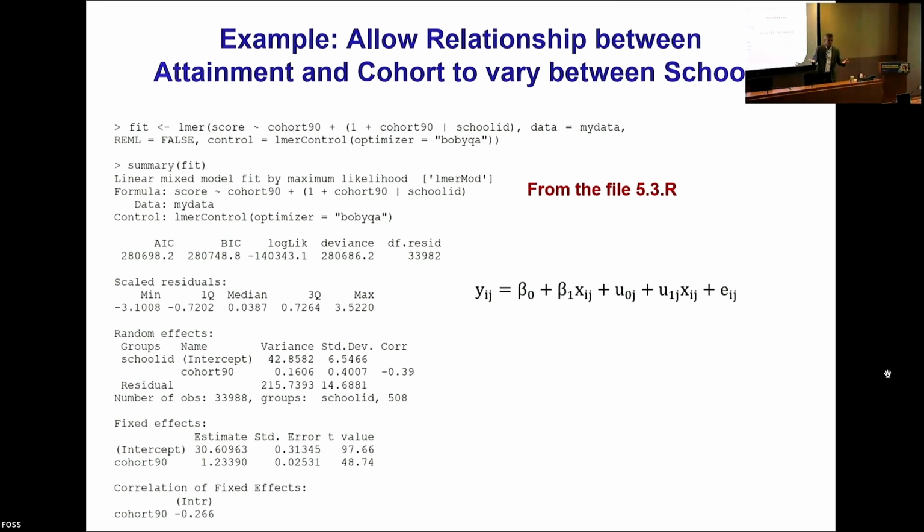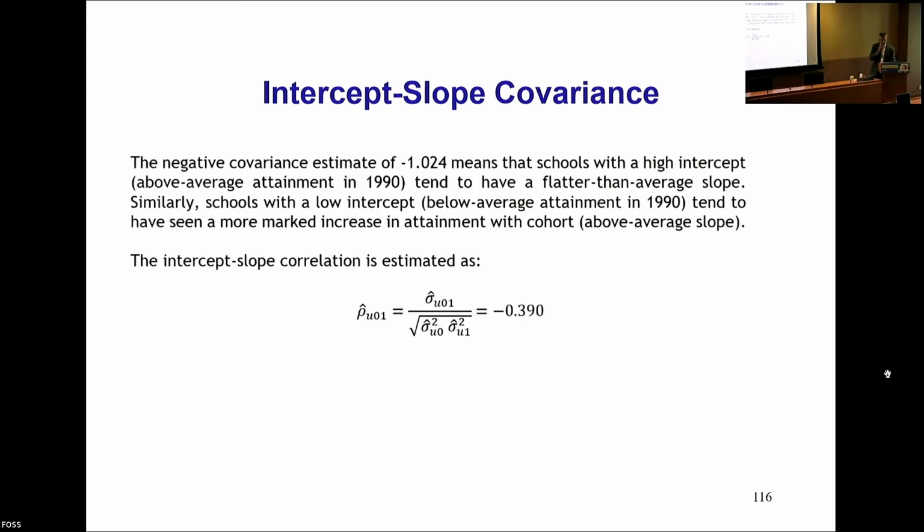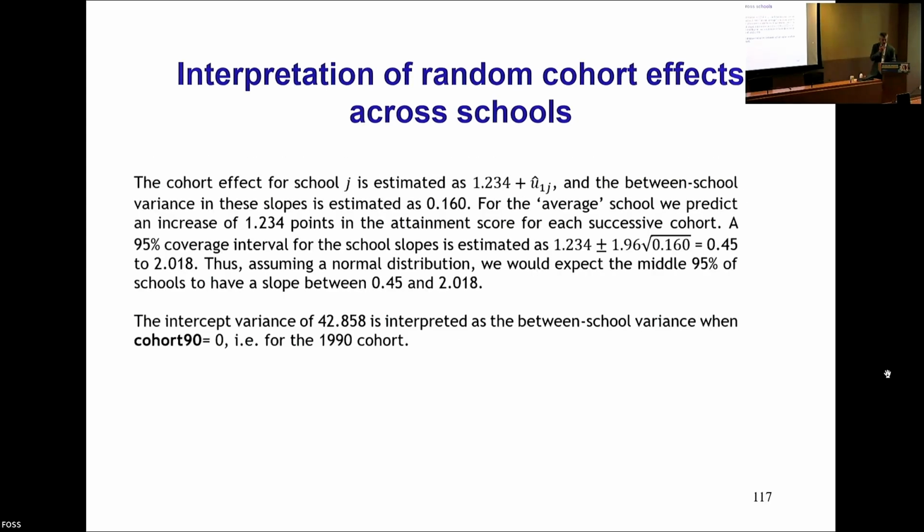So why bother? Well, it's precisely because of the uses in things like growth charts that they're extremely useful, because otherwise we wouldn't be able to say what is a normal range of growth for a child of a particular age. So that is one of the key reasons for estimating these random slope models.